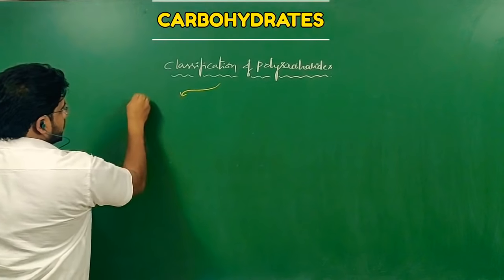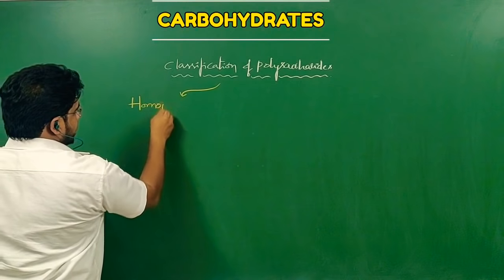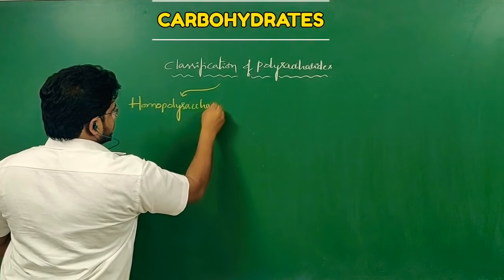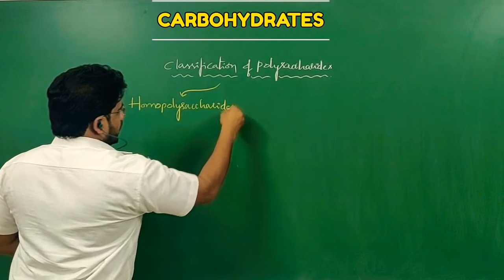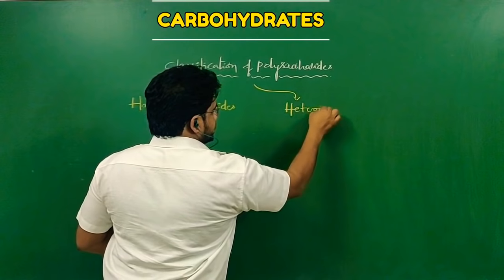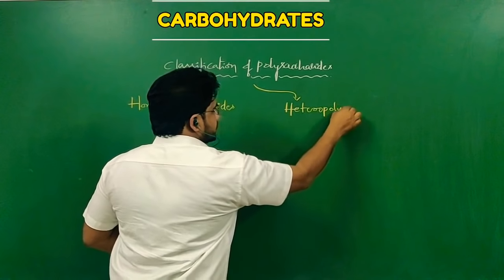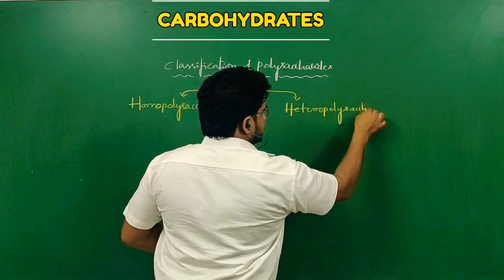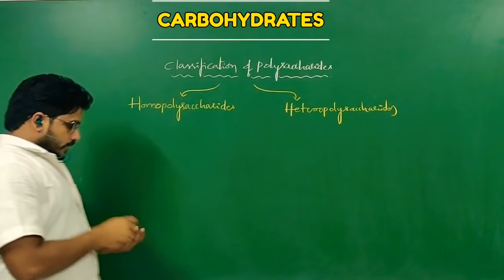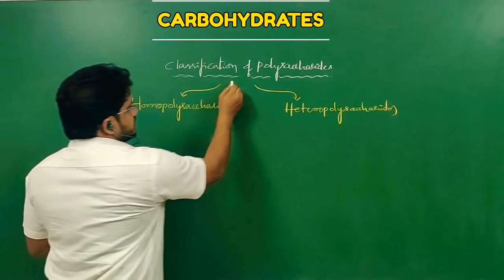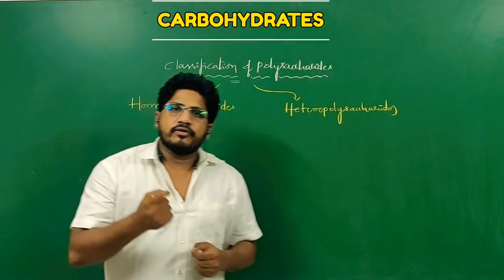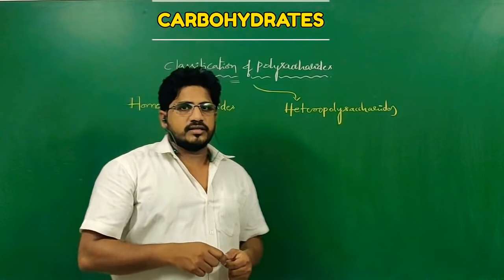One is homopolysaccharides. On the other side, heteropolysaccharides. Clear? So, on which basis have the polysaccharides been classified? The composition of types of monosaccharides.